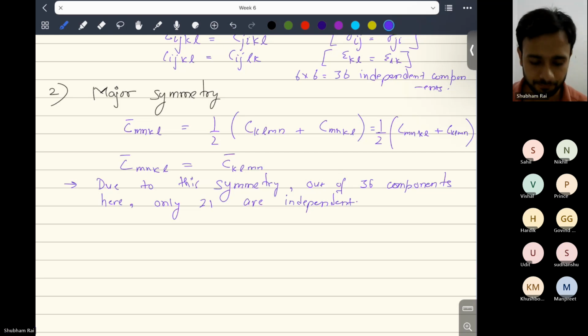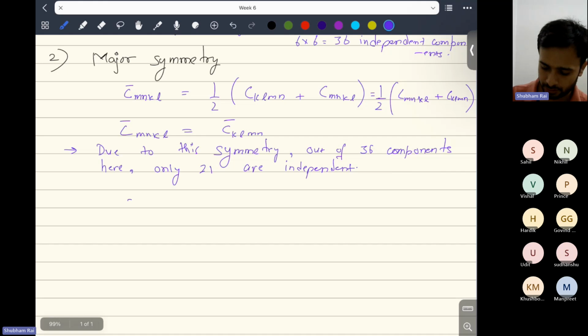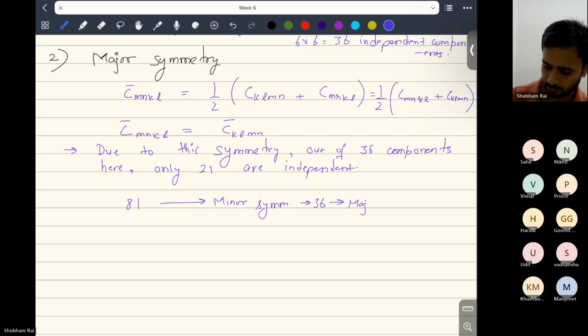Okay. So we started with 81 components and then we applied minor symmetry. On applying minor symmetry, you have 36 independent components. Then we applied major symmetry, so now you have 21 independent components.